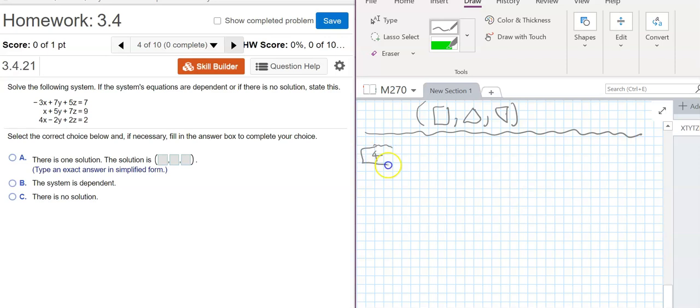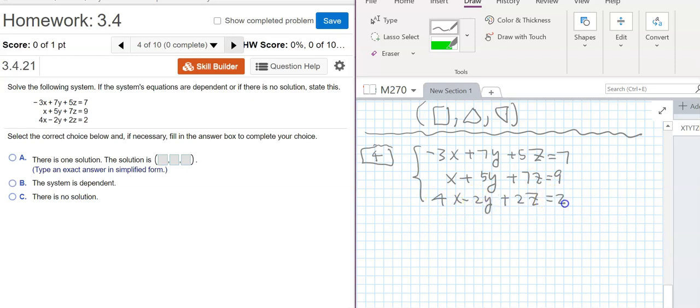Now, question number 4 is here. Again, we have the equations negative 3x plus 7y plus 5z equals 7, and then x plus 5y plus 7z equals 9, and then 4x minus 2y plus 2z equals 2.